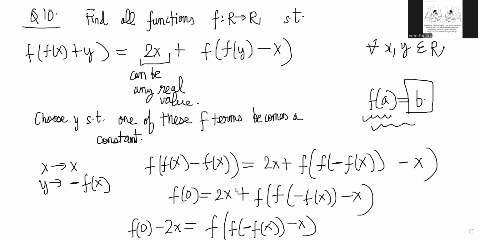So imagine this part can be any b, because this is a constant and minus 2x, as 2x can be any real number. So this is like your b and this part is like your a, right? f of a is equal to b for any b belonging to the codomain. So what this tells us is that f is surjective, right? So we have proved the surjectivity of the f function.